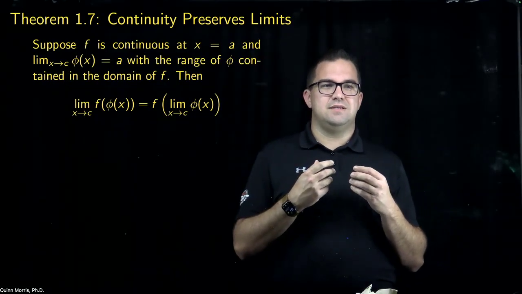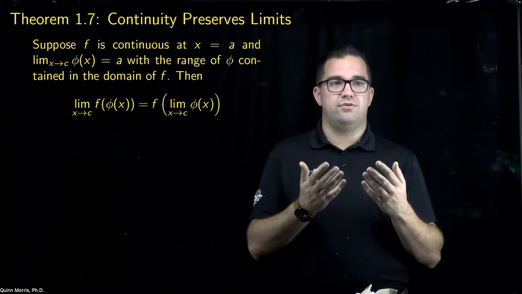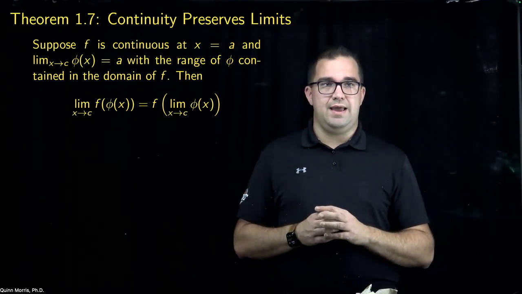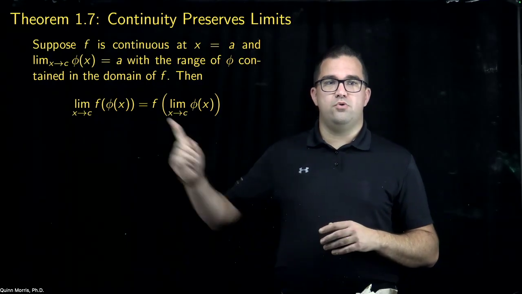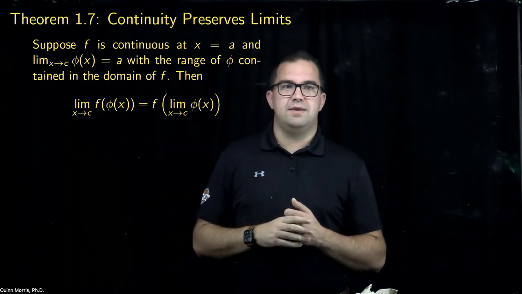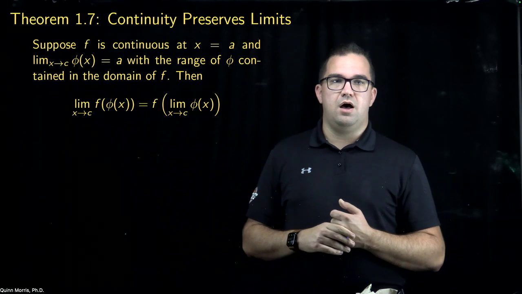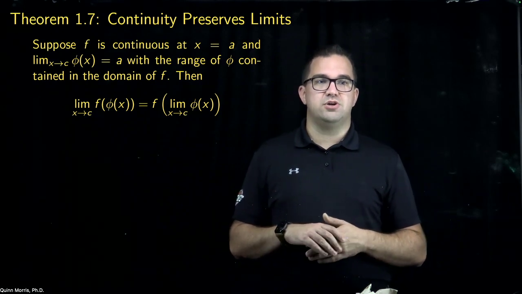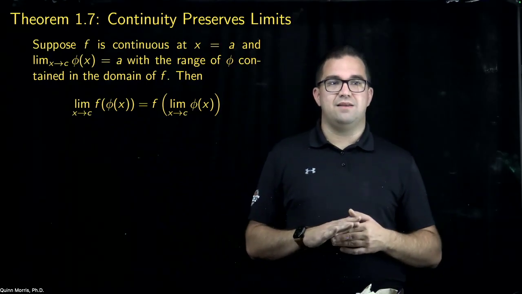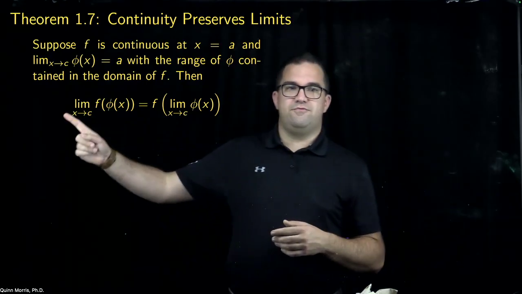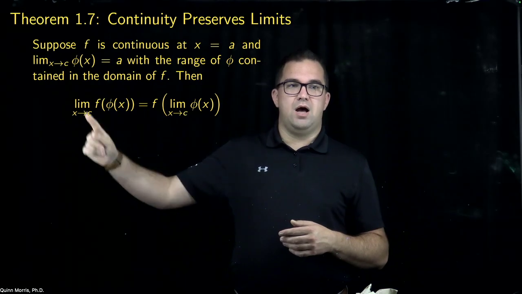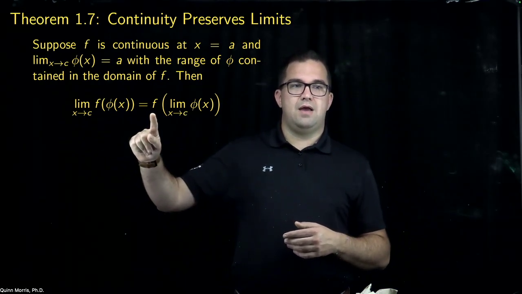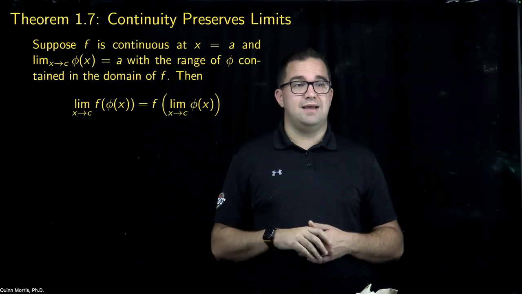Now, the last thing I just want to briefly mention about continuity is that continuity is nice because in a lot of ways it tells you how to deal with limits. So if you have a function f that's continuous at x equal to a, and let's say you know that the limit as x approaches c of phi of x is equal to a, with the range of phi contained in the domain of f, then if you want to calculate the limit of the composition of these two functions, you can just push the limit inside the first function.